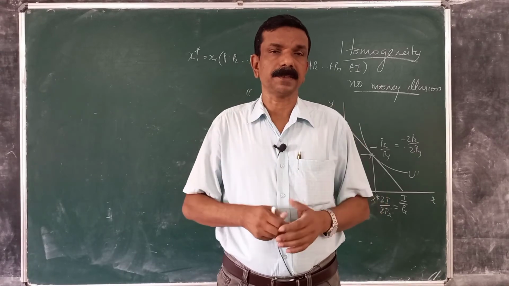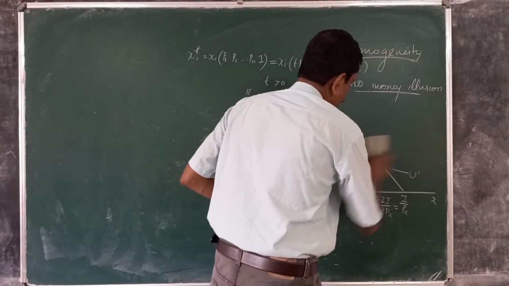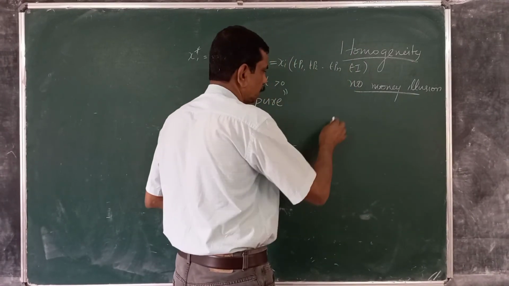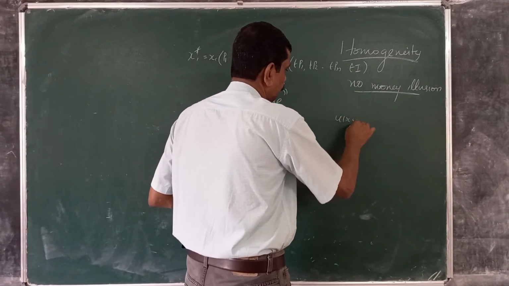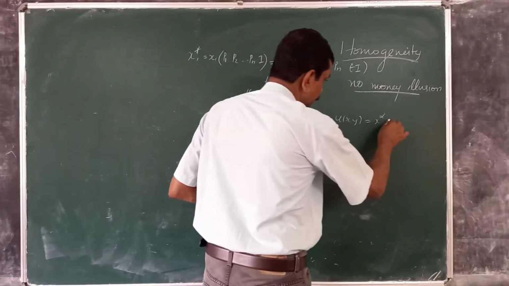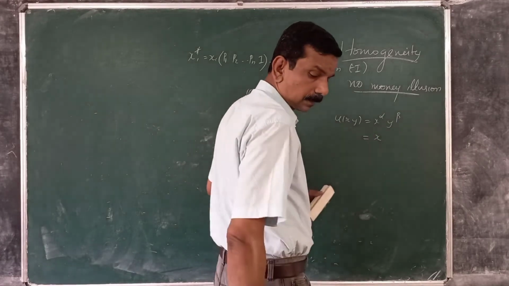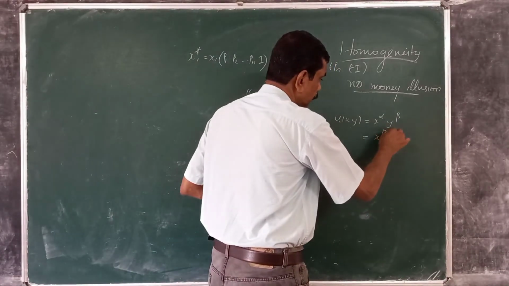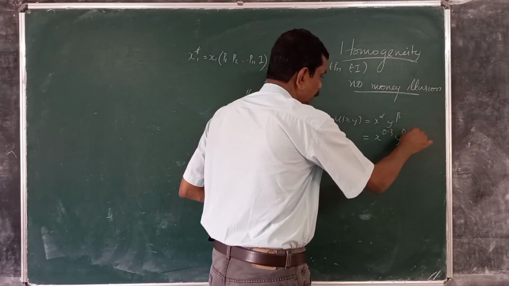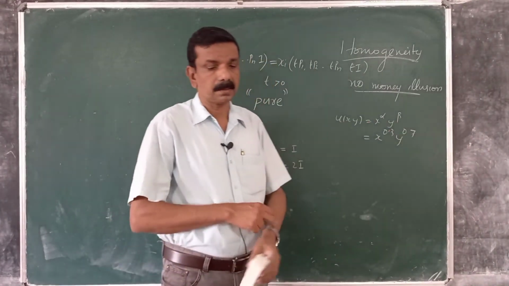Now, in the example we have discussed, suppose that U(x,y) is equal to x raised to alpha, y raised to beta. Suppose that it is x raised to 0.3, y raised to 0.7, that is, normalizing alpha plus beta as equal to 1.